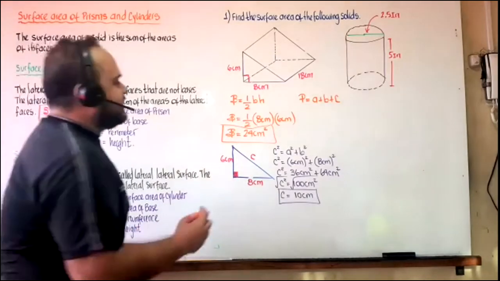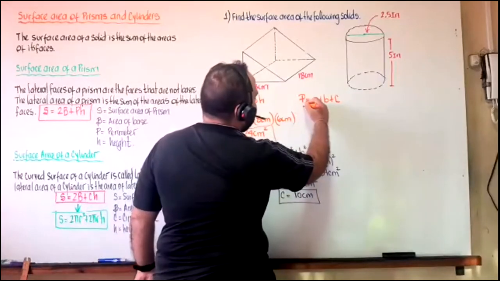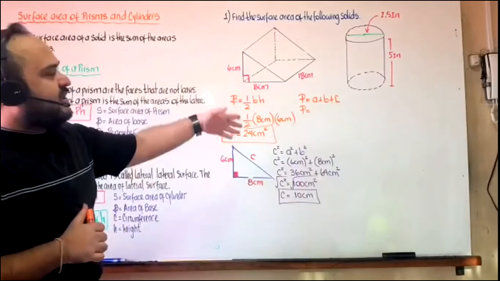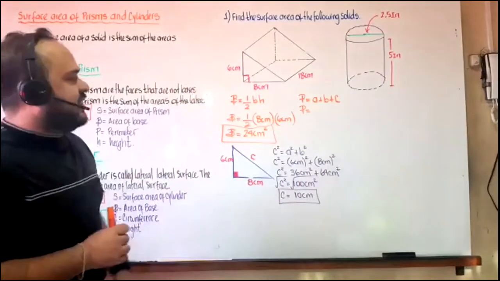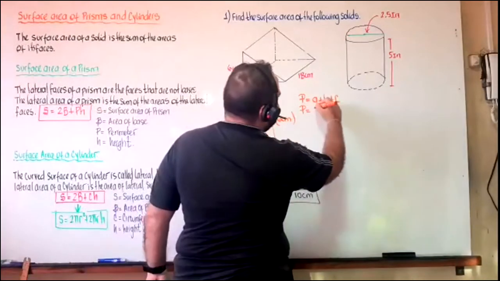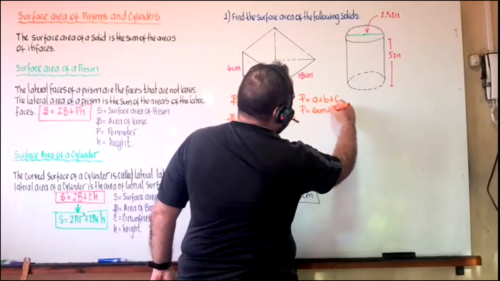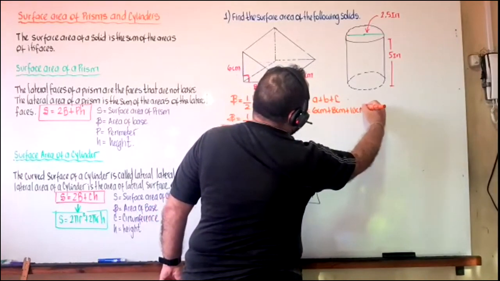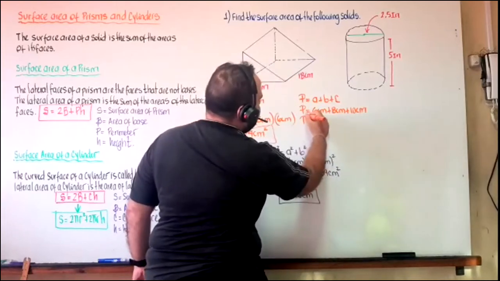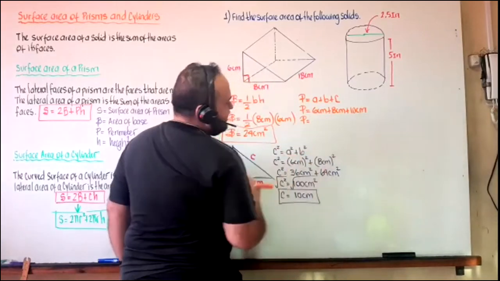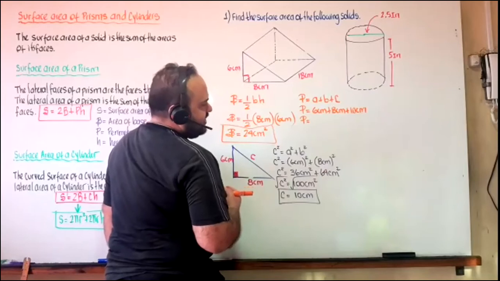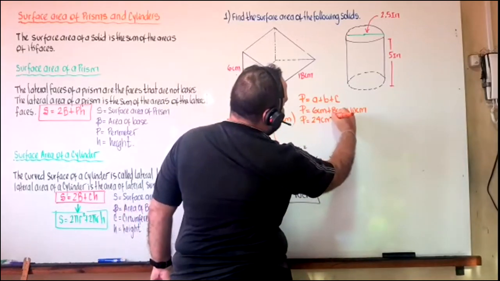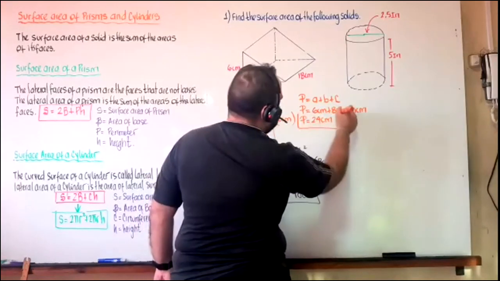Now we can proceed to calculate the perimeter of this triangle. I mean, once again, the addition of the three sides, I mean 6 centimeters plus 8 centimeters plus 10 centimeters. All right. You know, 6 plus 8 will be 14 plus 10 will be 24 centimeters.